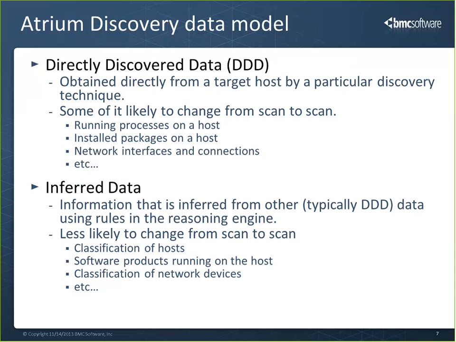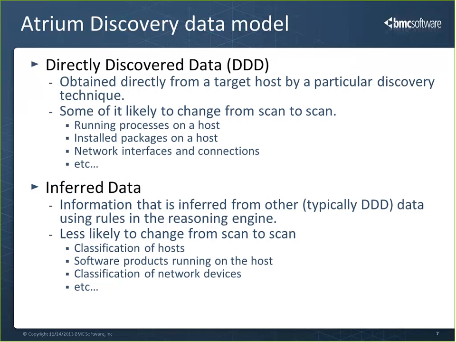The two categories in the data model that are of greatest importance are directly discovered data, or DDD, and inferred data. The directly discovered data is obtained directly from a target host by a particular discovery technique.